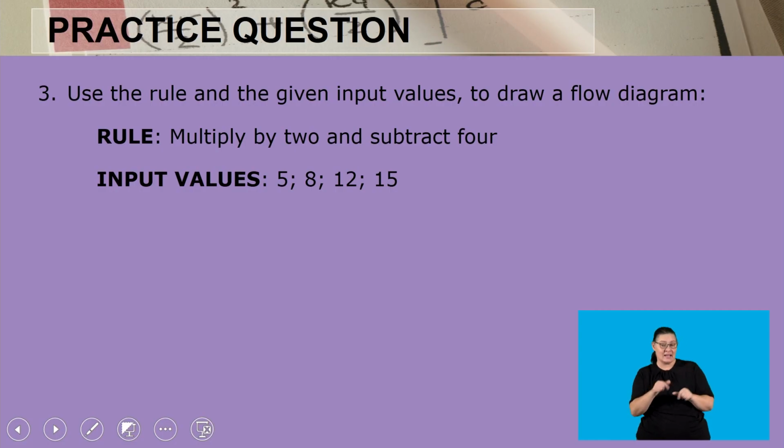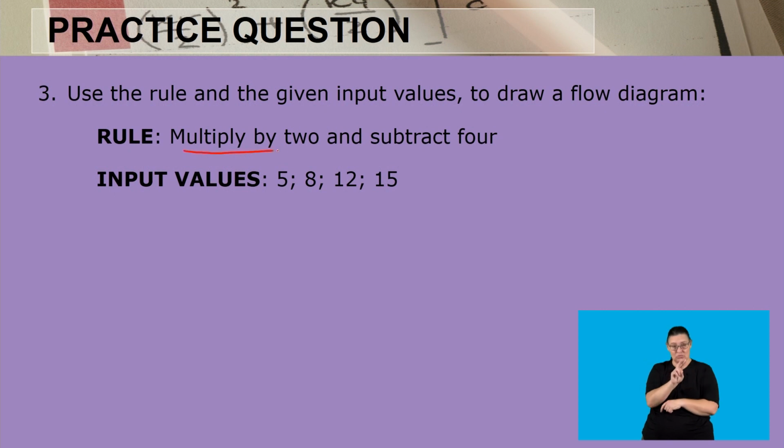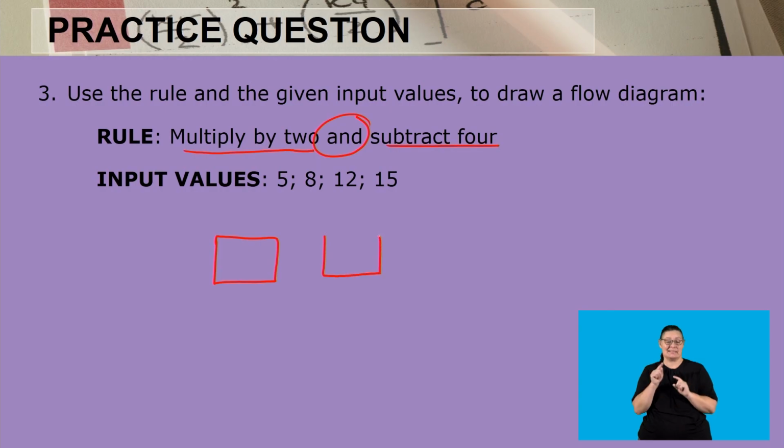The next one there says, use the rule and the given input values to draw a flow diagram. So again, we are required to draw a flow diagram. But look at the rule here. It says multiply by 2 and subtract 4. So this means that our flow diagram is going to have 2 parts of this rule. So how many input values do we have?